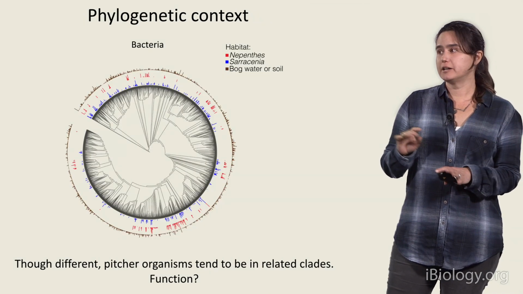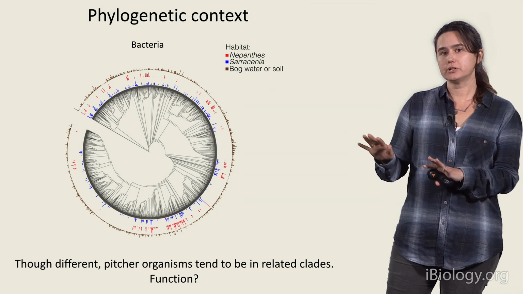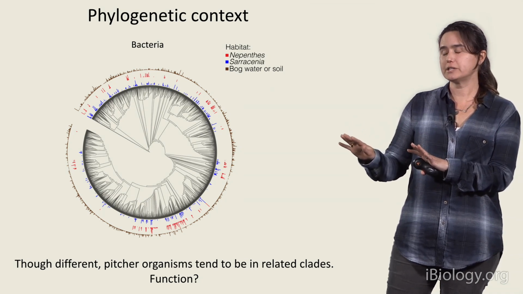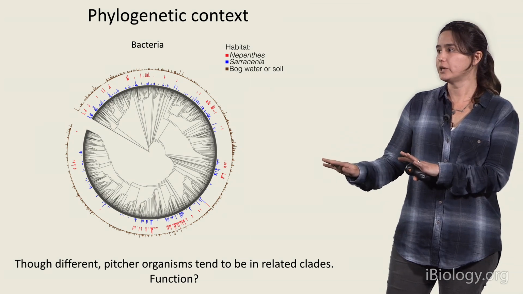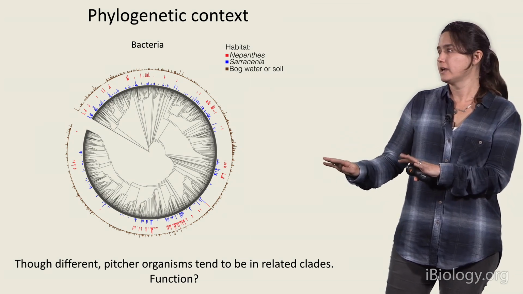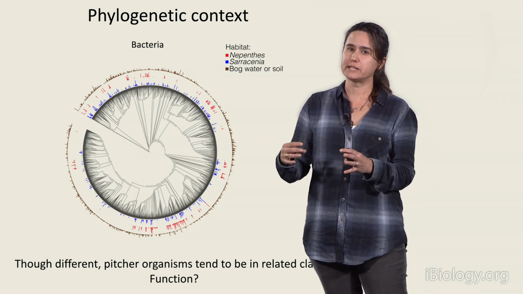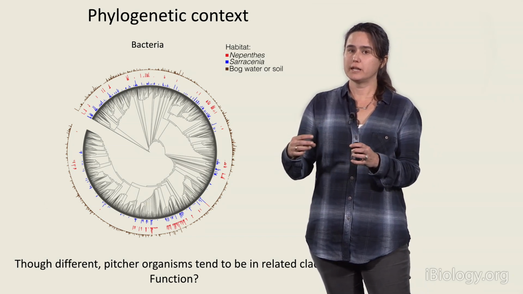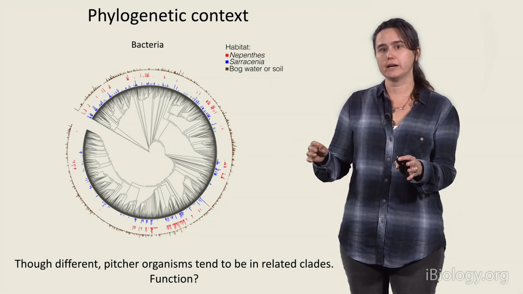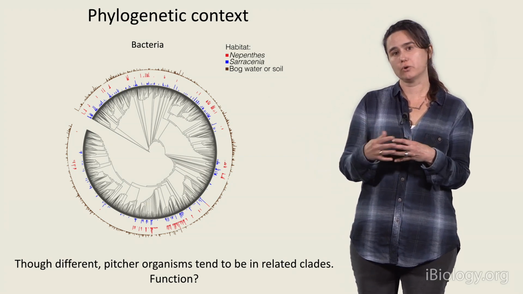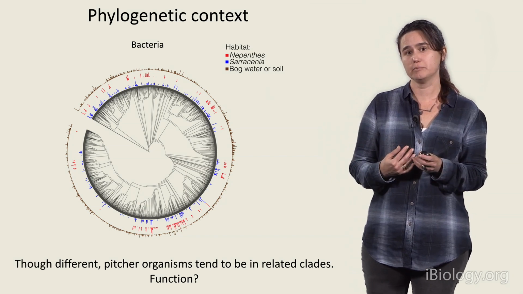While the Sarracenia and Nepenthes seem to cluster a little bit apart from each other, if you look at the data in a different way, what you see is that they're not exactly the same kinds of organisms in the Nepenthes and the Sarracenia, but they're closely related to each other as compared to the organisms that you see in the surrounding community.